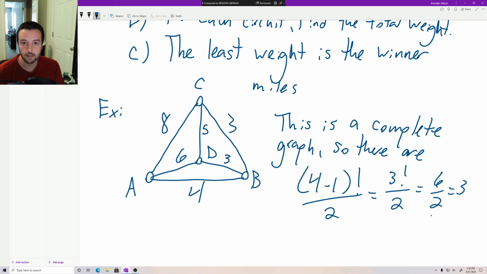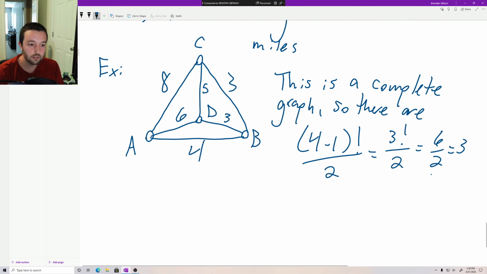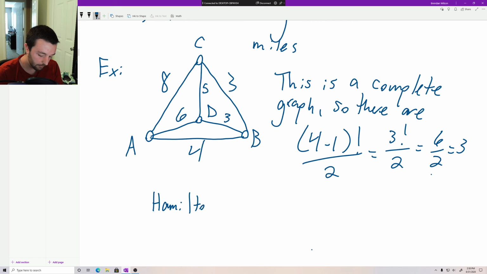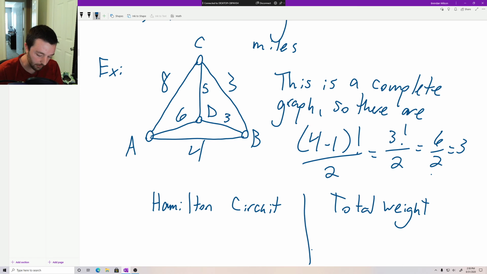You're just doing 3 times 2, essentially. So there's going to be 3 Hamilton circuits here. For the brute force method, we need to list them. We're going to list the Hamilton circuit and then list its total weight. And we should have 3.